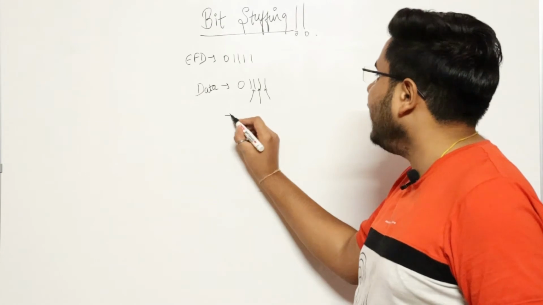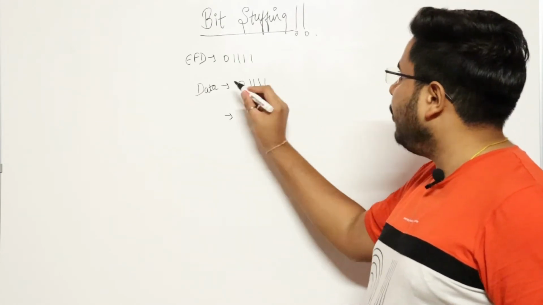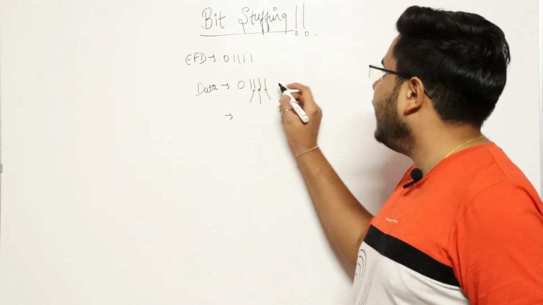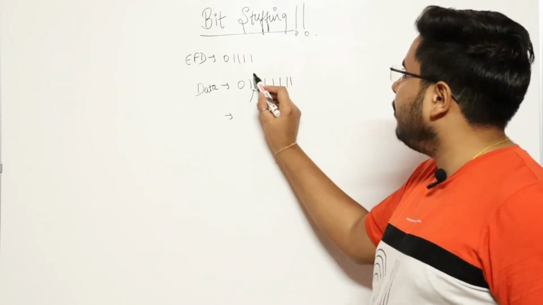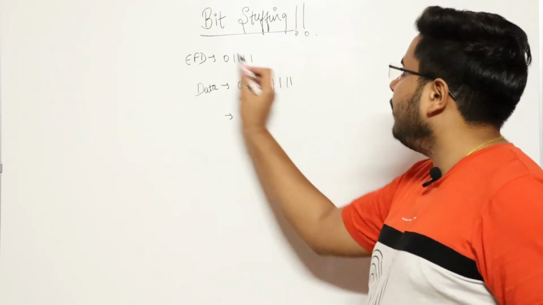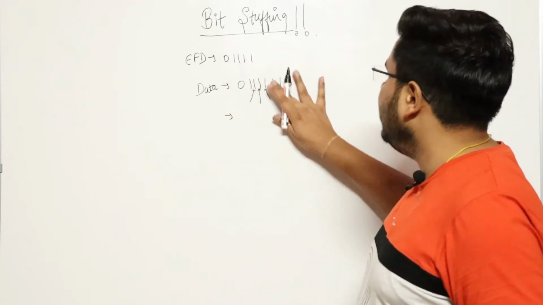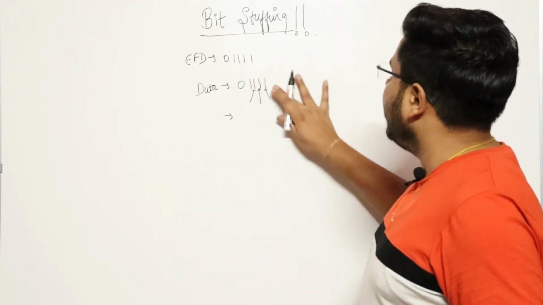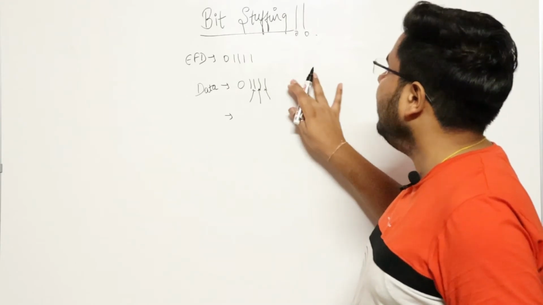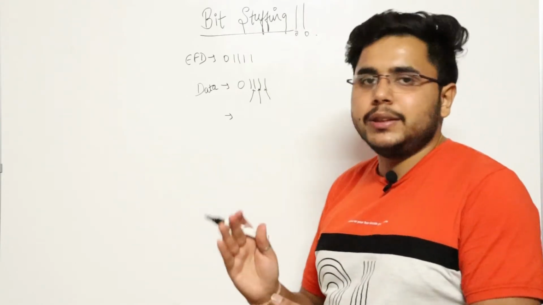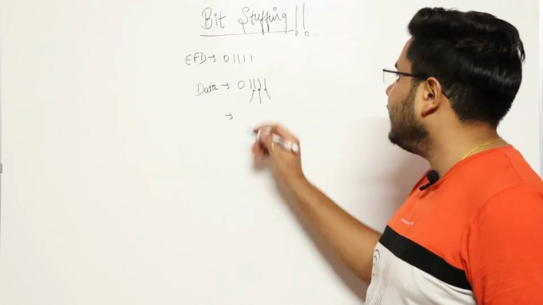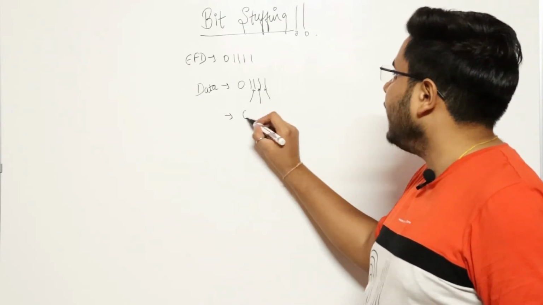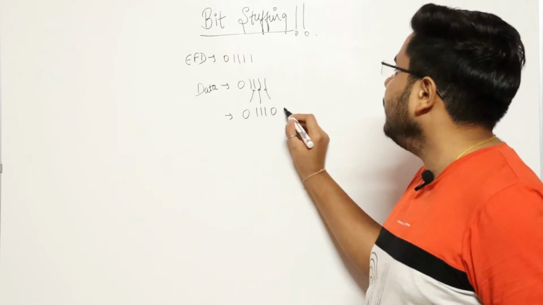You can also put it in the middle, but if further ones are there, and you put the 0 in the middle somewhere, then the EFD pattern will form again. So whenever you break this pattern, always put the 0 at the last place only. So for this data you will send to the receiver 0 1 1 1 0 1.